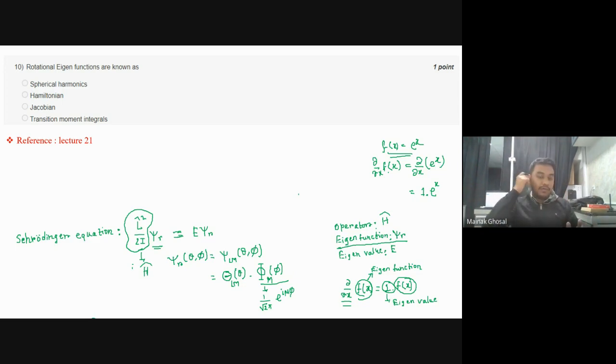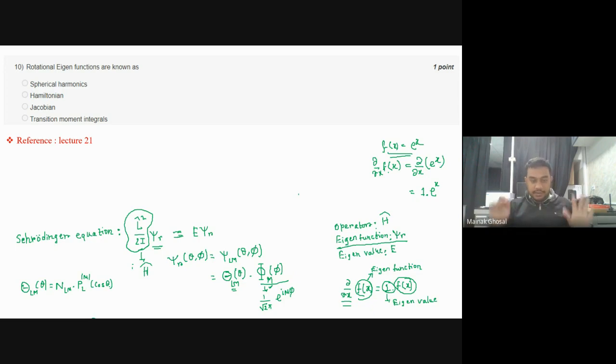The phi part is a function of the quantum number m, and the theta part is a function of the two quantum numbers L and M. The theta part can be expanded as N of Lm into P L m cos theta. This derivation is out of context now, so this is a very rough derivation.